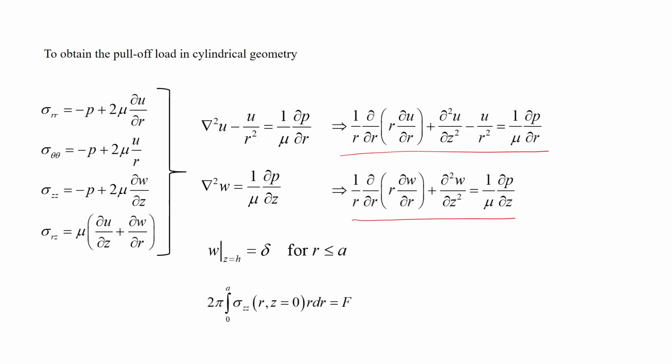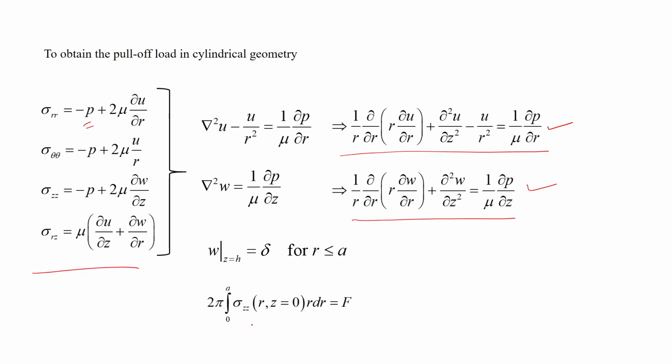In any elasticity book, you will see that after simplification we get these two equations, where we have substituted these relations for stress and strain. Since it is an incompressible film, we have directly written sigma rr in terms of the hydrostatic pressure inside the film. This hydrostatic pressure is equal to the negative of the normal stress at the top surface.